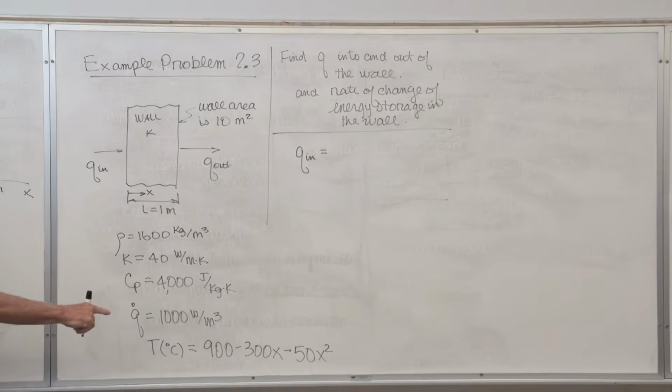X equals 0, 900. X equals 1, 550. It's not linear. I'm going to exaggerate it greatly.